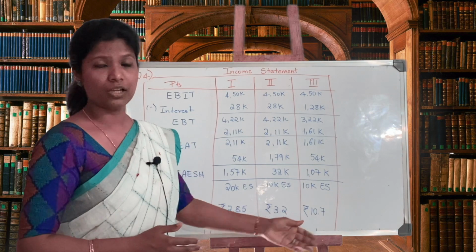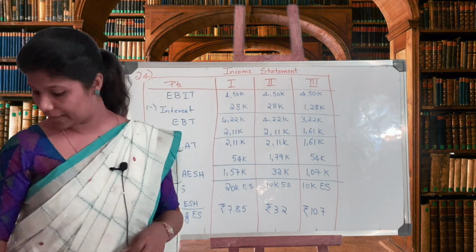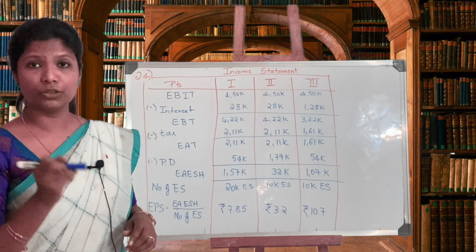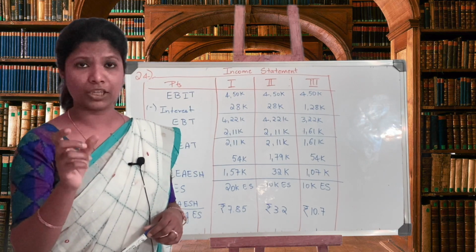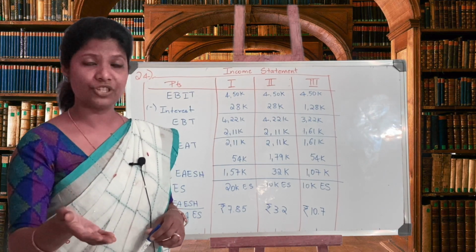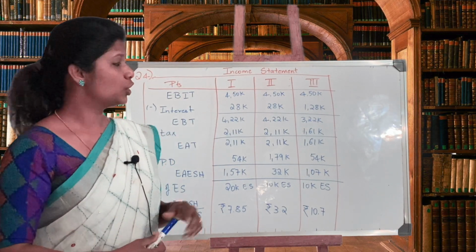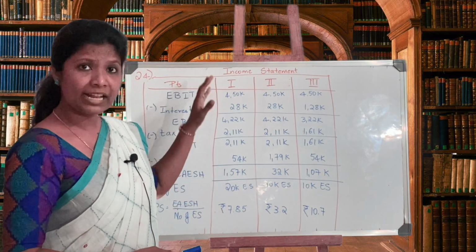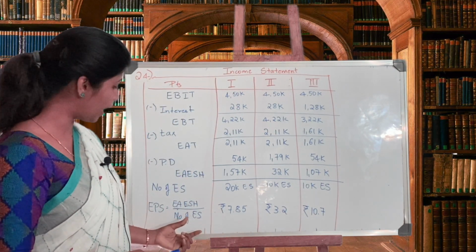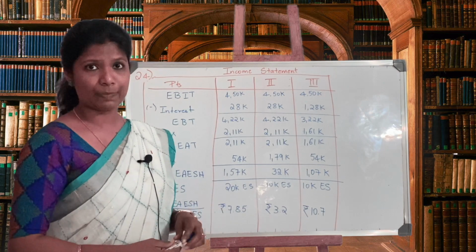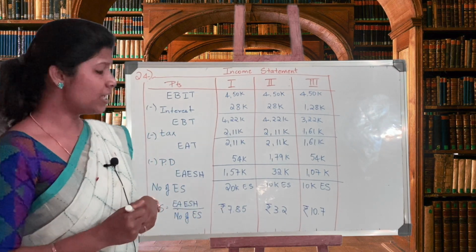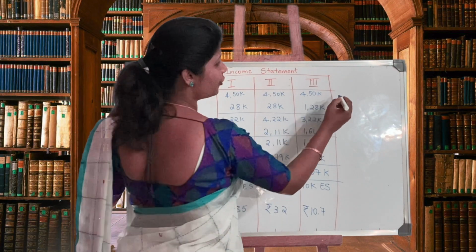So we are going to write a statement as a conclusion, because every question is asking you to recommend which is the best plan, correct? Once you've done all the working notes, solved the income statement and arrived at the EPS, the last part is to write the conclusion. Plan 3 is the best.